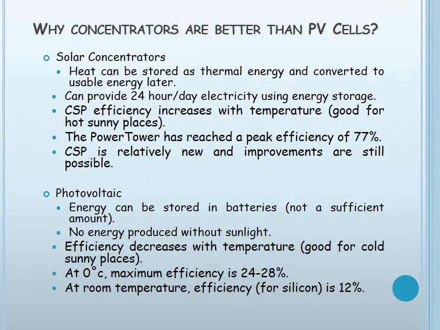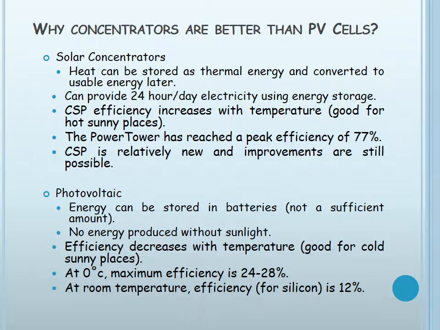So first we're going to talk about the differences. First we're going to talk about the concentrators. In concentrators, the advantage is that the heat can be stored as thermal energy and converted to usable energy later. And one more thing is that it can provide 24/7 electricity using energy storage. And then we have the CSP, the concentrated solar power.